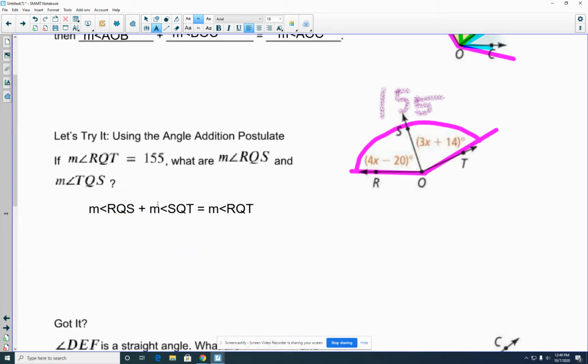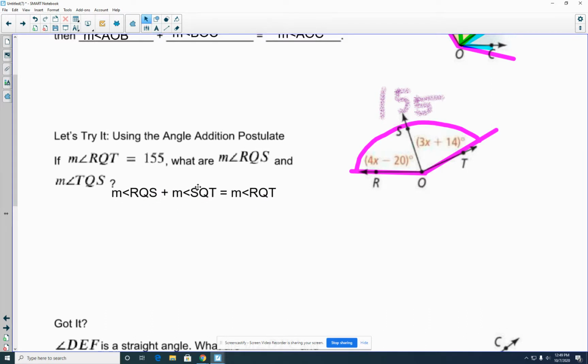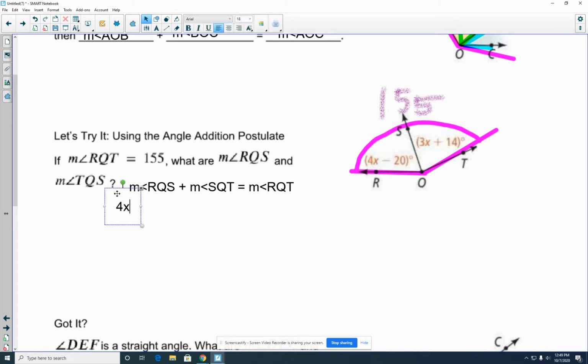Now, this is actually taking the postulate and putting it into some angles. We can just use the expressions, right? This small angle RQS is 4x minus 20 plus SQT is 3x plus 14. That equals RQT, which is 155.